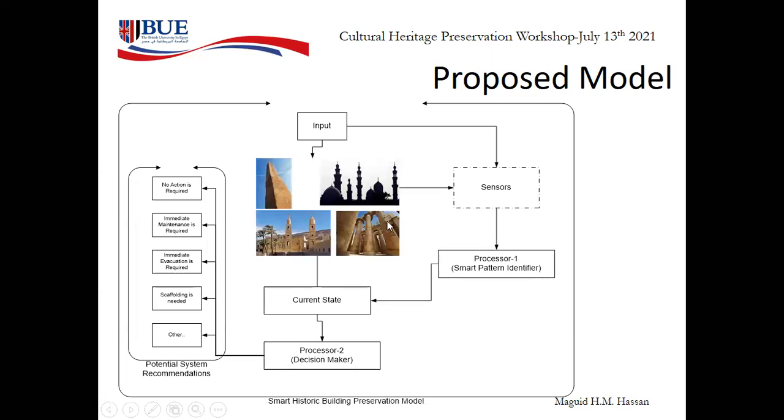Input to any of these structures, a set of sensors, smart identification, the current state, is sent to the decision maker, which might select one of these options: no action is required if the deformation is acceptable, immediate maintenance is required, immediate evacuation, scaffolding, other. Based on the structure itself, the potential states, and what we accept in terms of deformation, we can make recommendations, and as a result, we can take action.